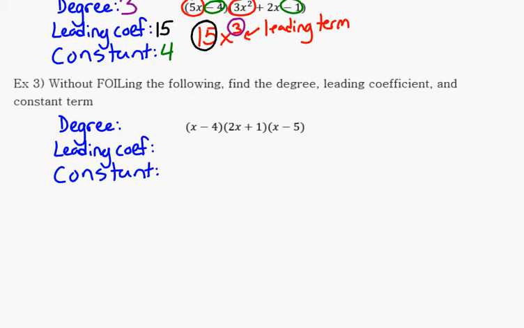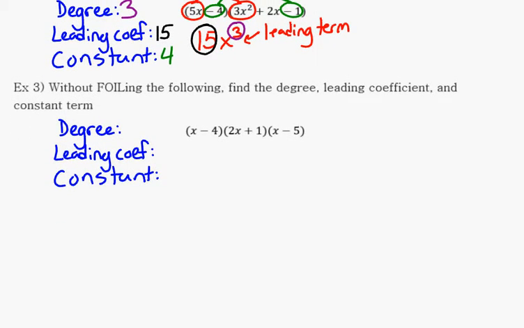One more example, example 3. If I'm going to go through without FOILing and I have 3 pieces, then I just have to look a little more carefully and realize to get the degree, it's going to be the x's times the x's times the x's. At some point I would multiply all 3 of those together when I was FOILing.